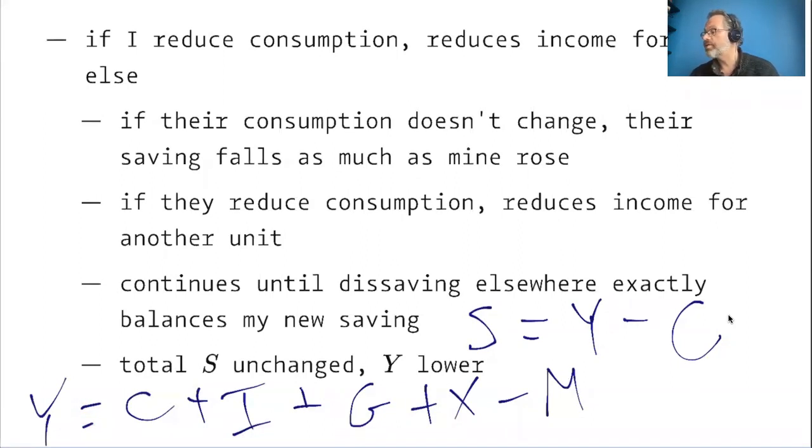So again, when you reduce your consumption spending, the effect of that is to reduce output by the same amount, and therefore, since these two things fall by the same amount, this S is left unchanged. Okay, so again, this is the core background. There are a lot of ways to come at the multiplier concept, but this is also a core concept in our vision of the economy.